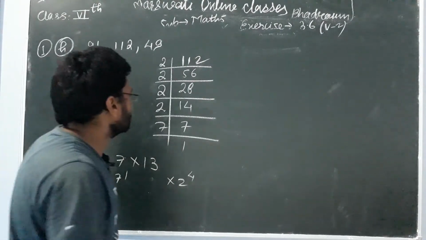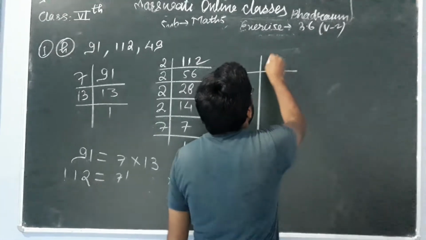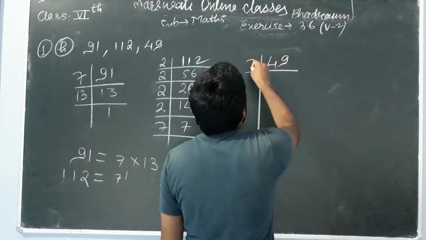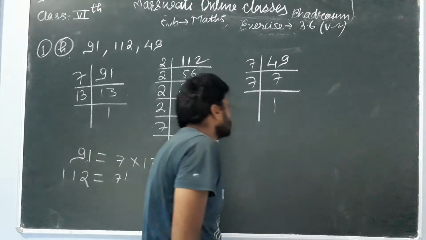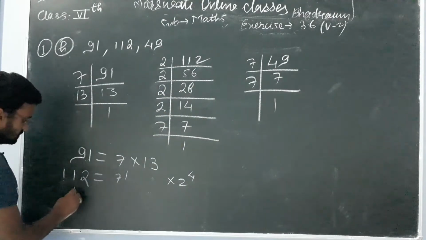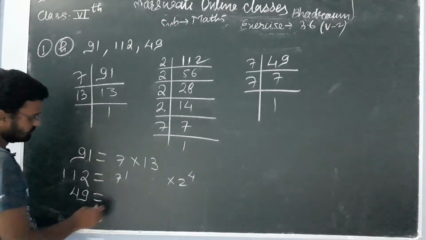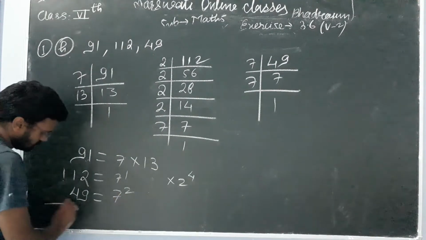Okay, now what we will get is 49. We will factorize our 49, then 7 7s are 49, and 7 1s are 7. Okay, so what is our 49? Our 49 is 7 to the power 2.